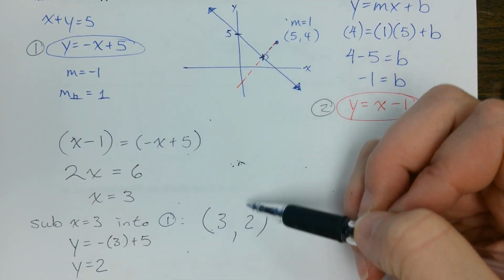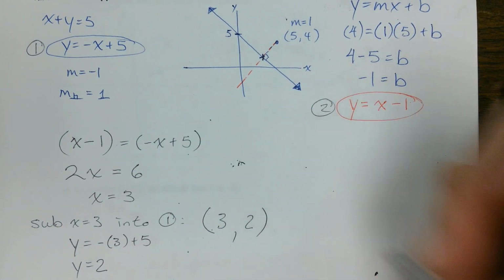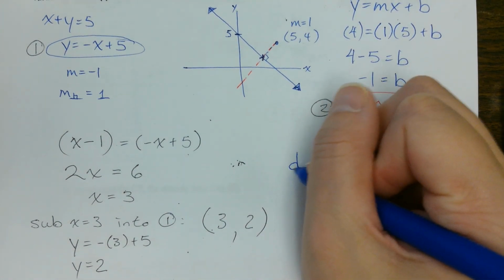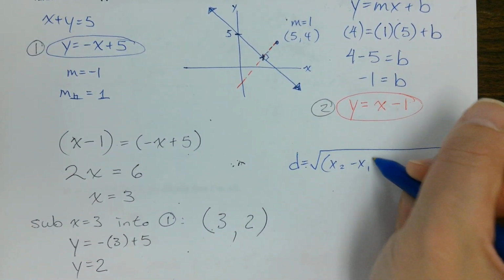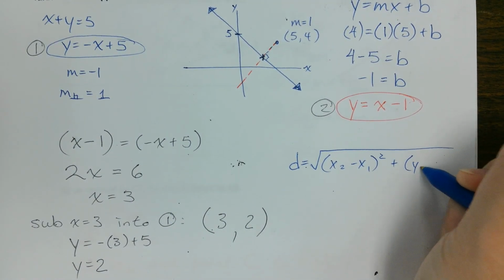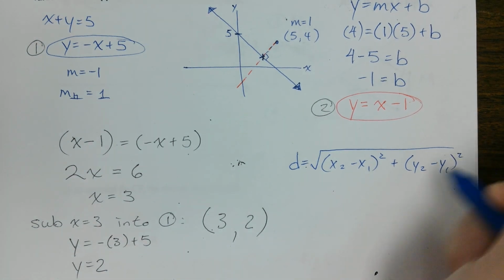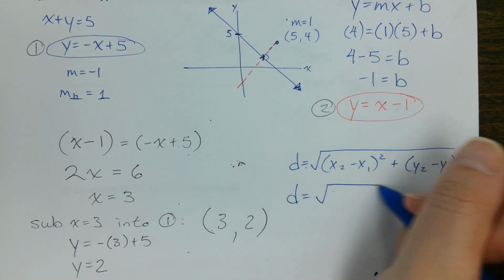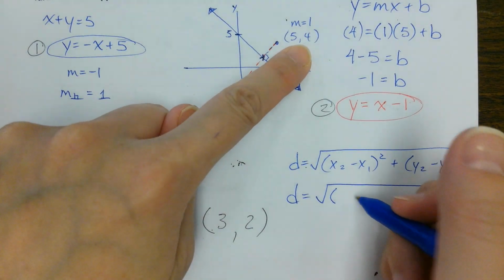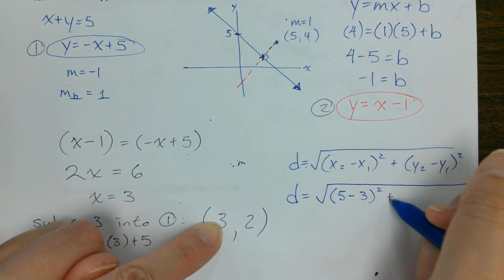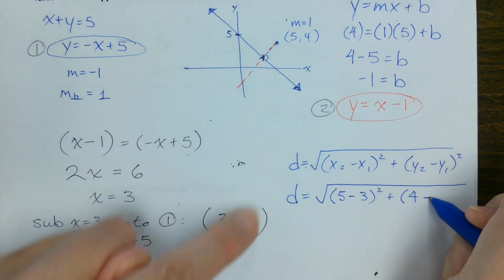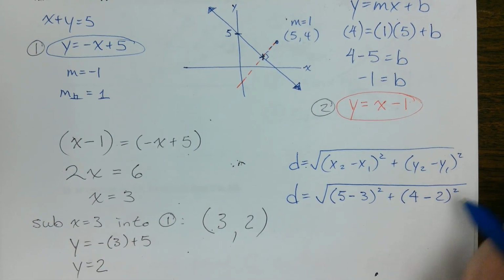Okay, so now I want to find the distance between these 2 points. I have (5, 4), I have (3, 2). So it's just doing the distance formula. Distance equals the square root of (x2 minus x1) squared plus (y2 minus y1) squared. So 5 minus 3, 4 minus 2.